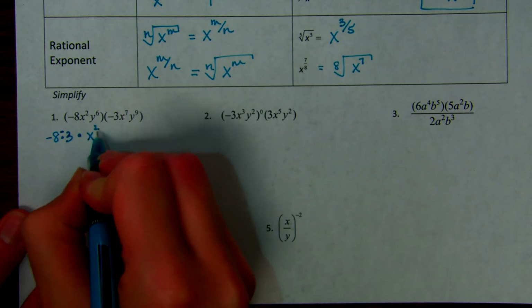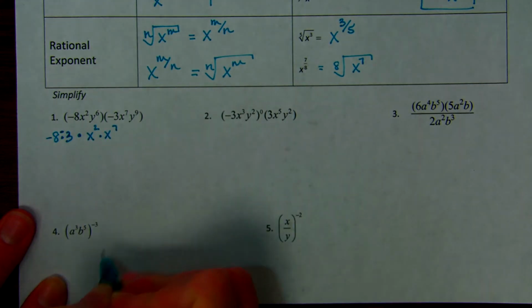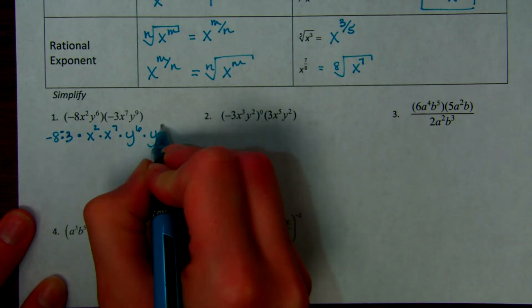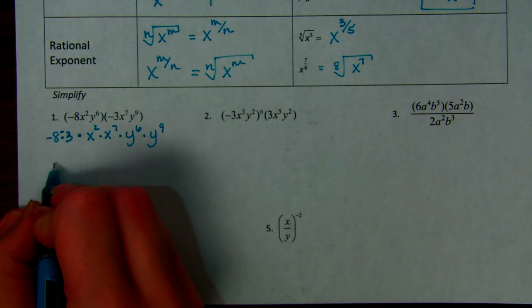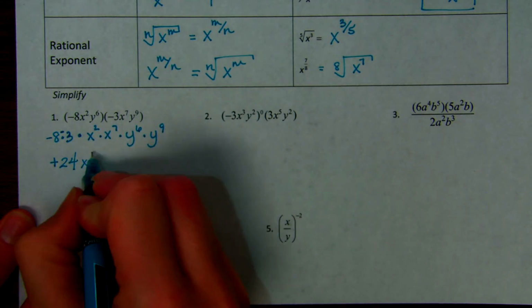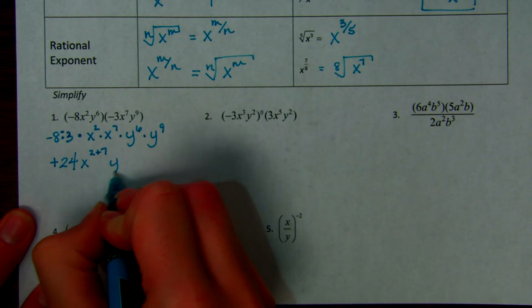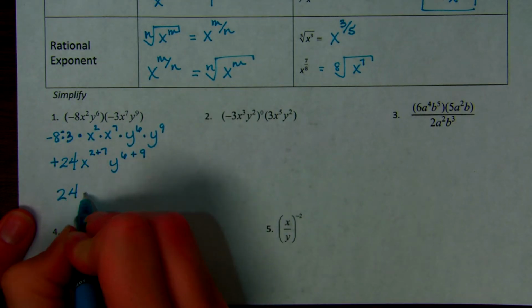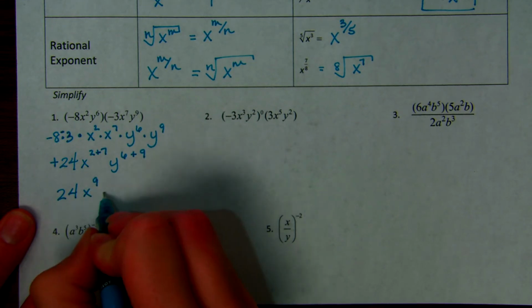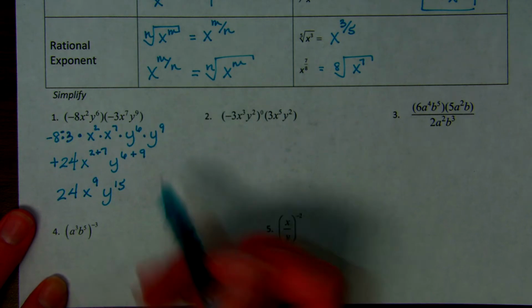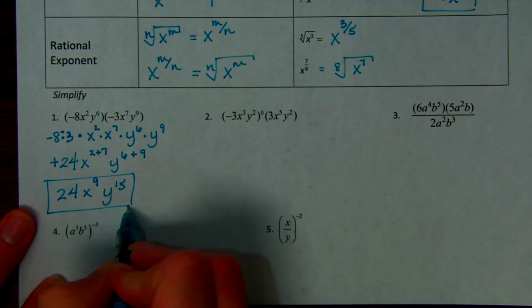Then times x squared times x to the 7th times y to the 6th times y to the 9th. -8 times -3 is +24. This is x to the 2 plus 7, y to the 6 plus 9. So 24, x to the 9th, y to the 15th. And that's your answer.